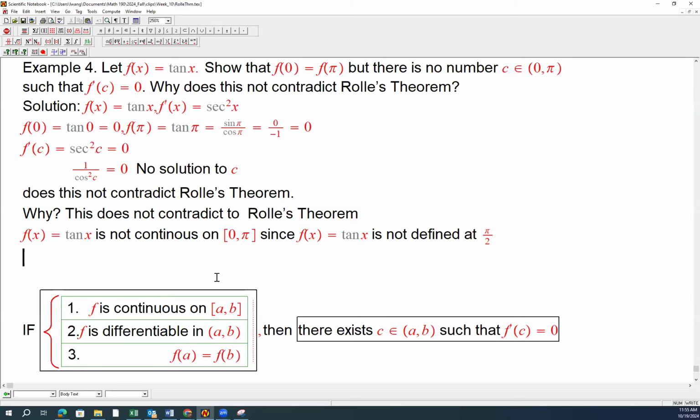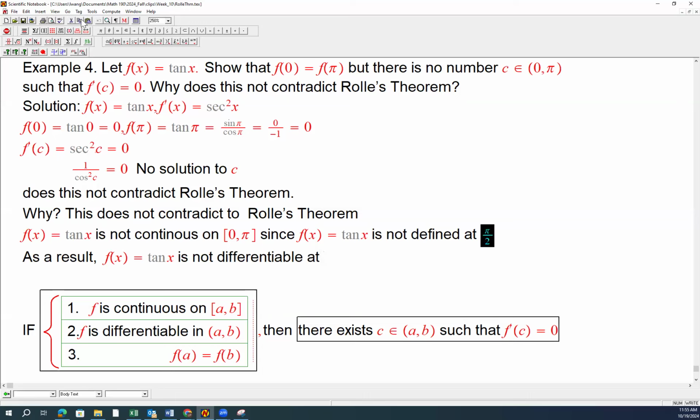Do we need to mention it is not differentiable? You could, as a result: f is not differentiable at pi over 2.